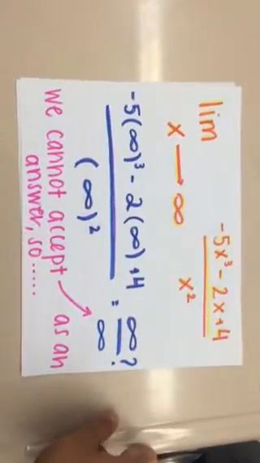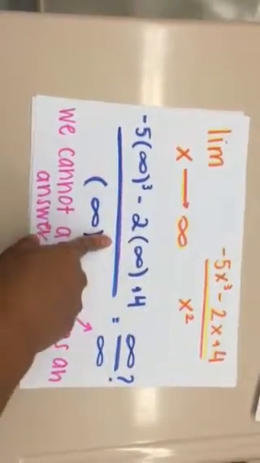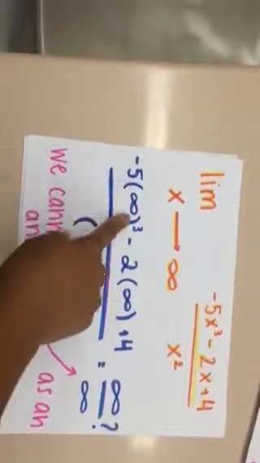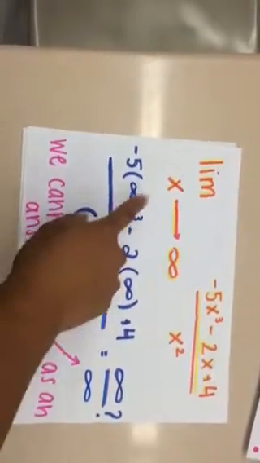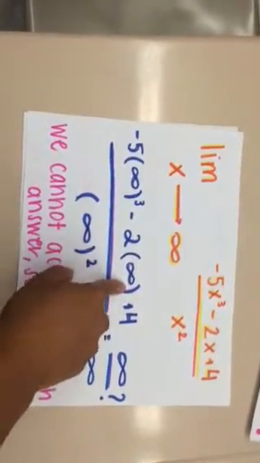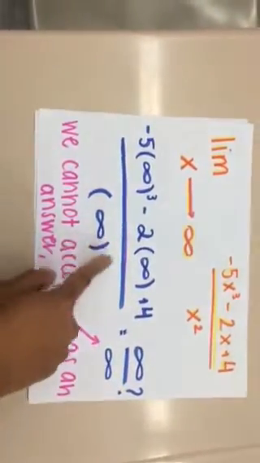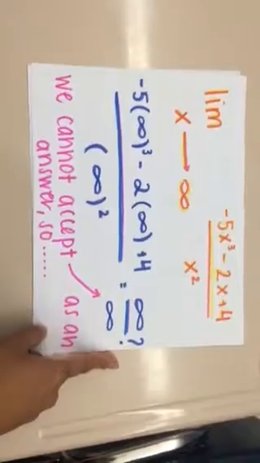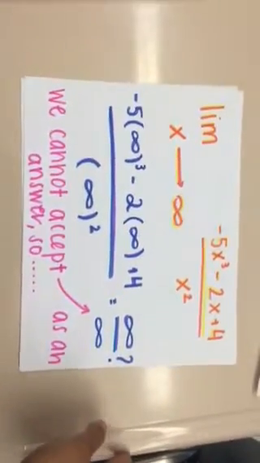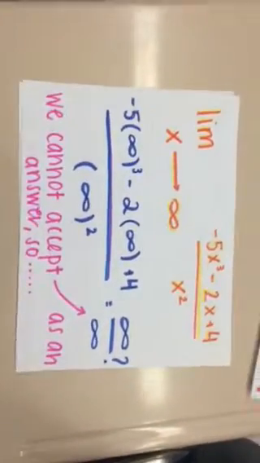What you would think you'd do is plug infinity in. So negative 5 times infinity to the third is equal to infinity, minus 2 times infinity, which would be infinity, plus 4, which is infinity. And infinity squared is also equal to infinity. So we get infinity over infinity, but we cannot accept that as an answer.